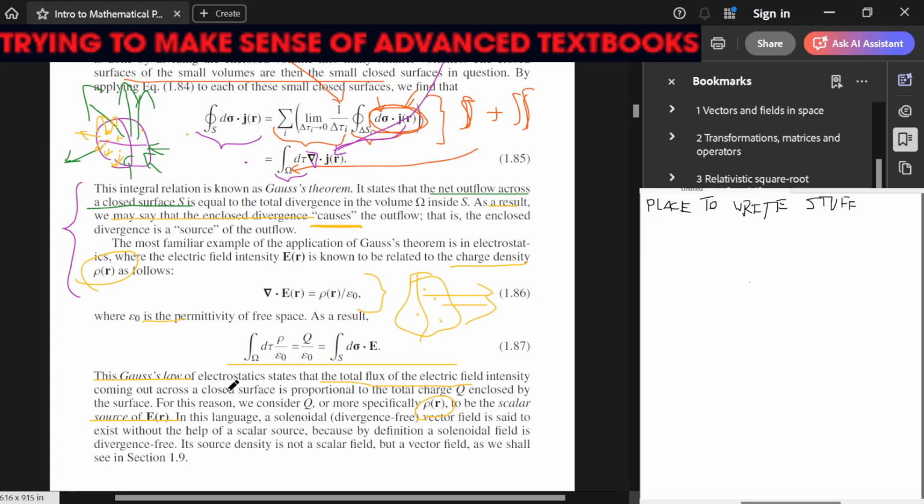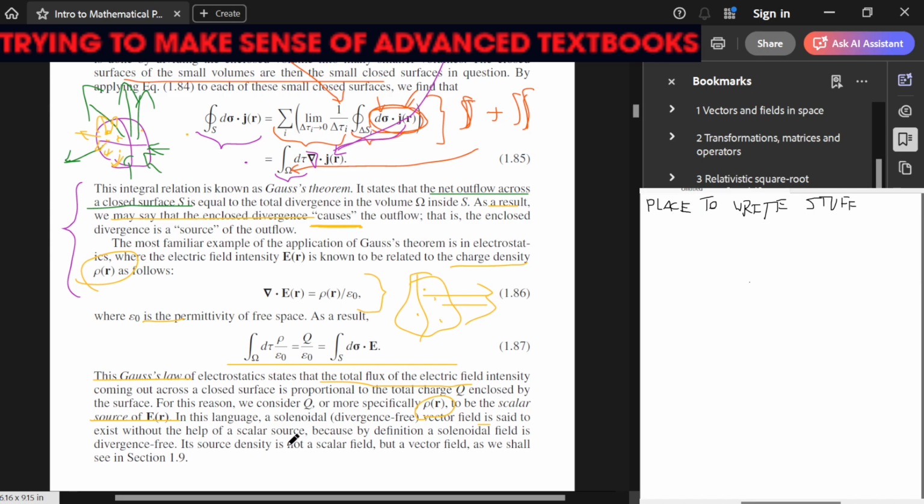In this language, a solenoidal, which is divergence-free, vector field is said to exist without the help of a scalar source, because by definition it's a divergence-free field.